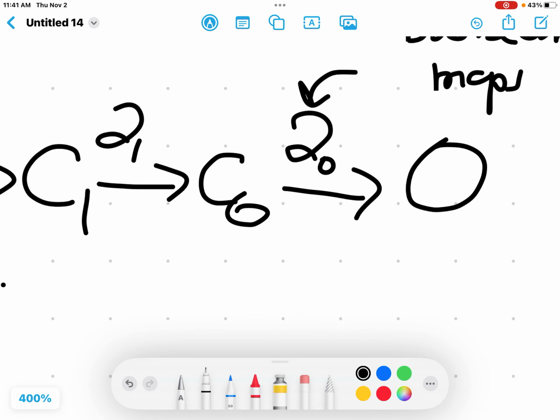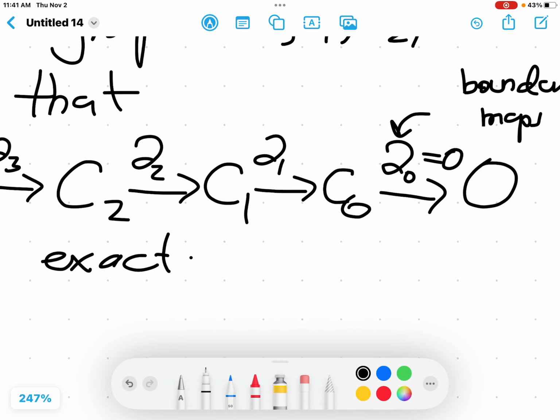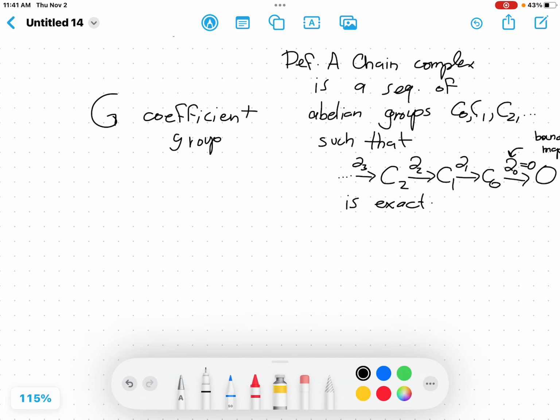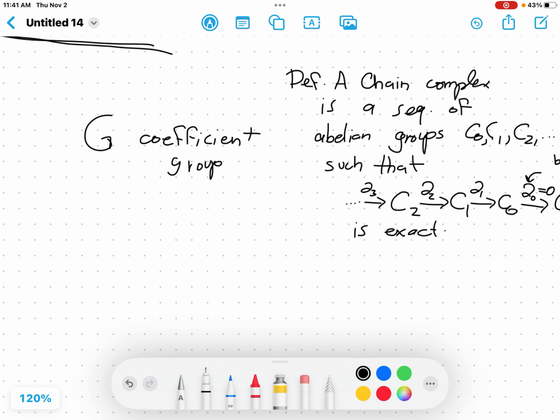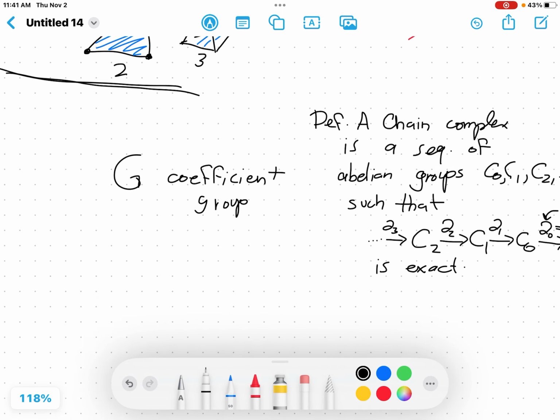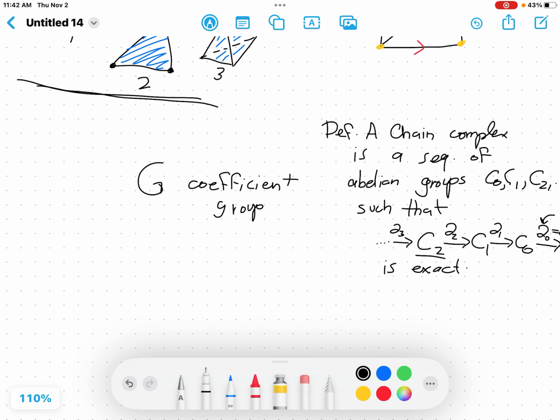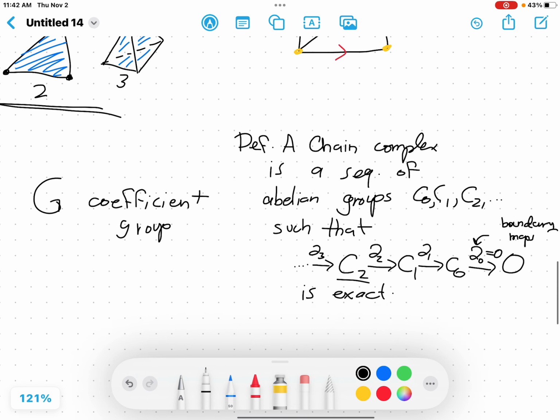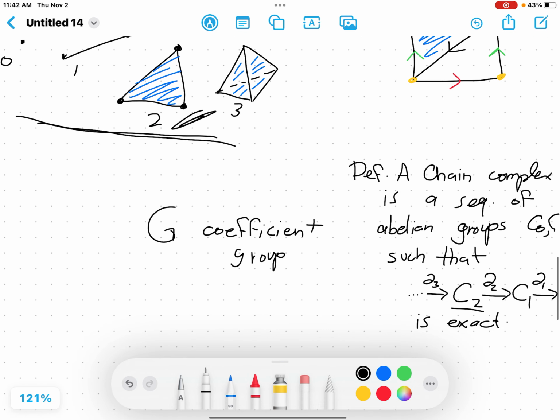And it's always the case that del 0 is 0. So the image of del 0 is always 0. And you guys will see why I stated that in a moment. Okay. So C2 over here is the abelian group associated with our 2 simplices that we embed in the space.